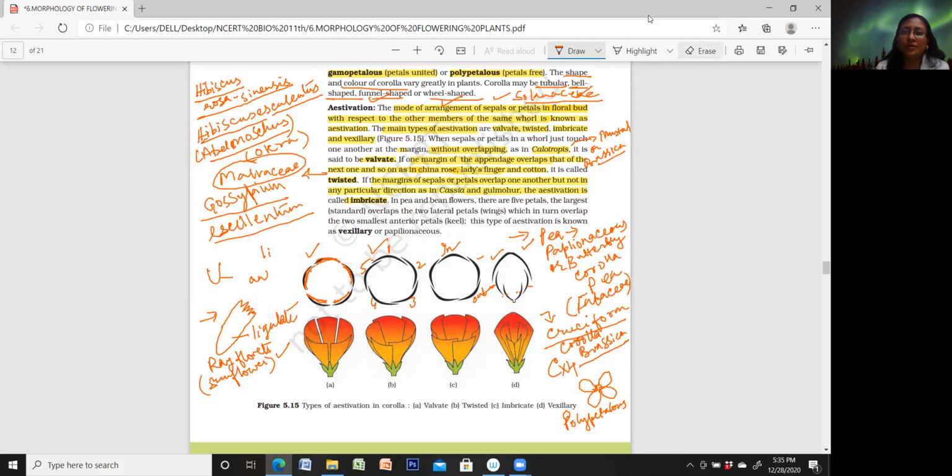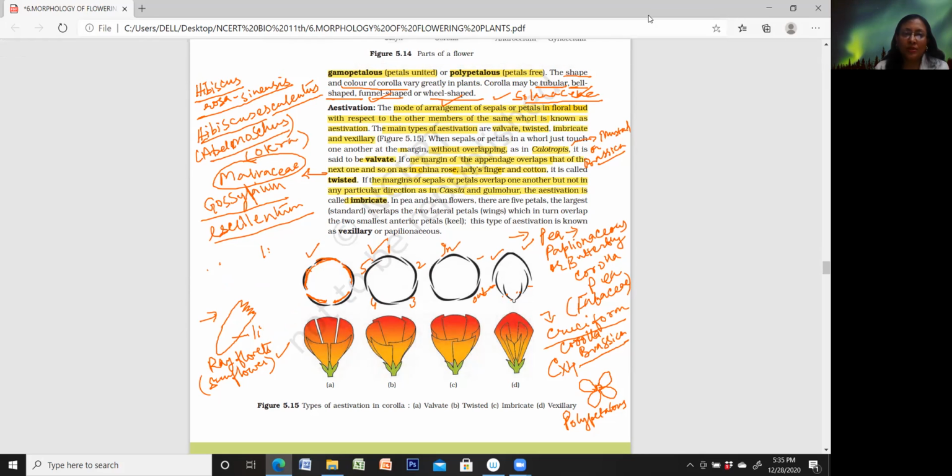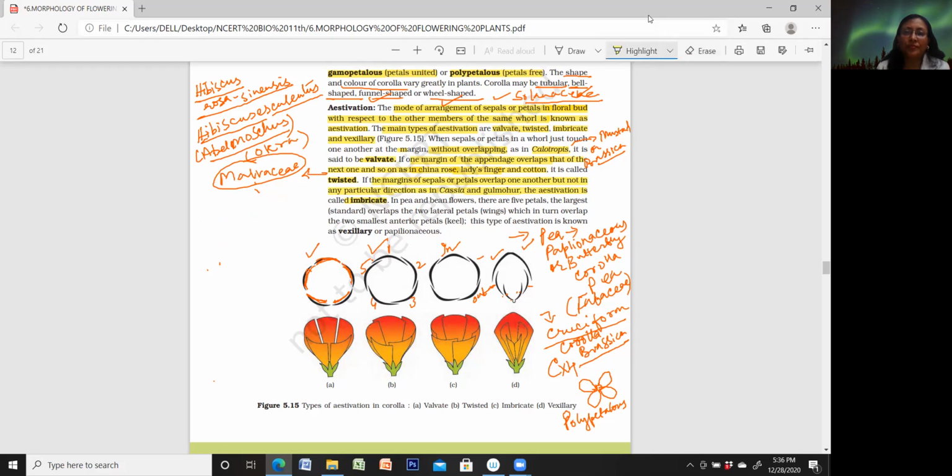You can write this: imbricate is when one petal is completely out, one is inside, and the rest are partly overlapping.